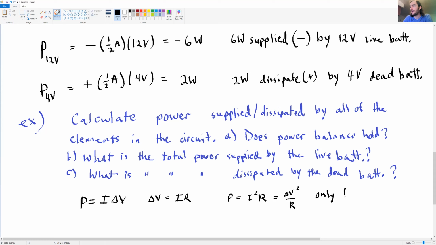Only for a resistor can you do this, right? Because it has R in the expression. Okay? So go ahead and work on this example here.